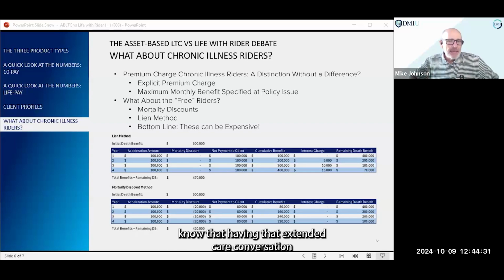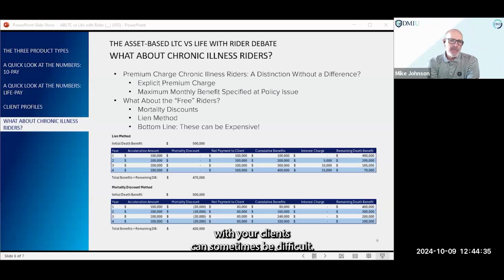And we know that having that extended care conversation with your clients can sometimes be difficult. But it's so important to have this conversation. It should never be overlooked. Important to remember that all your clients deserve to have this extended care planning conversation with you.